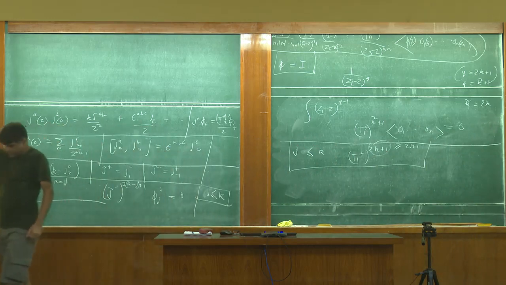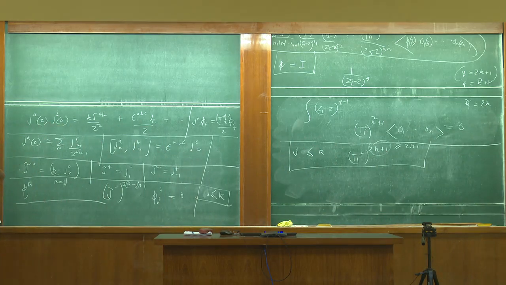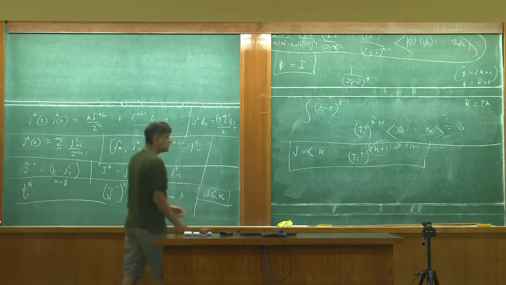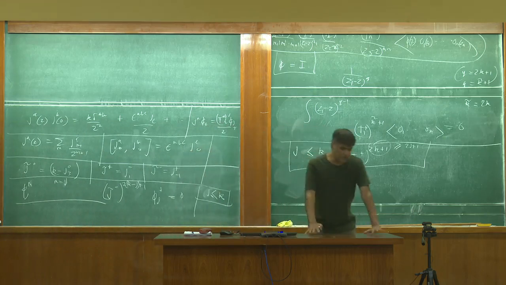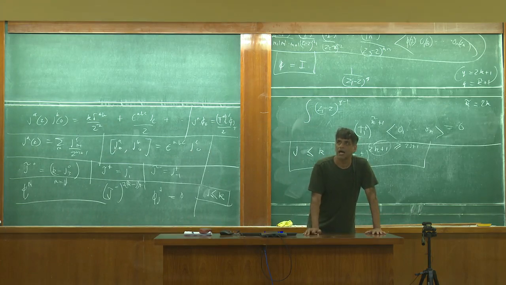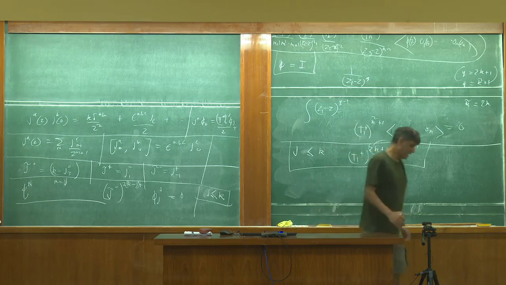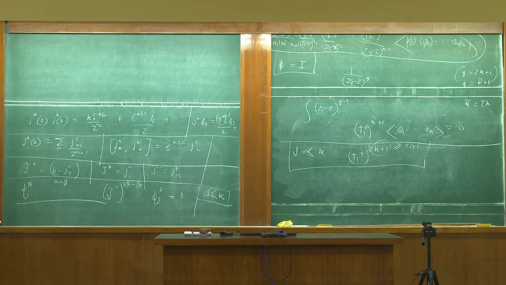For non-compact groups, as far as I know, there's no truncation in the spectrum. Even Lie group representation theory for non-compact groups gives you infinite dimensional representations.